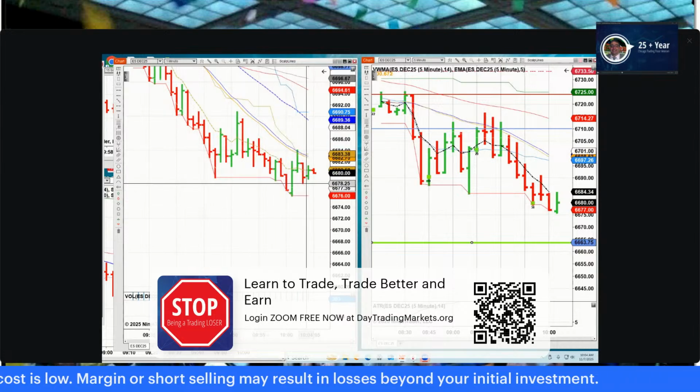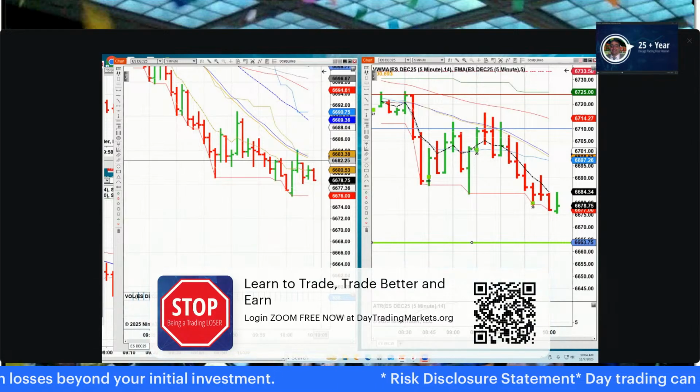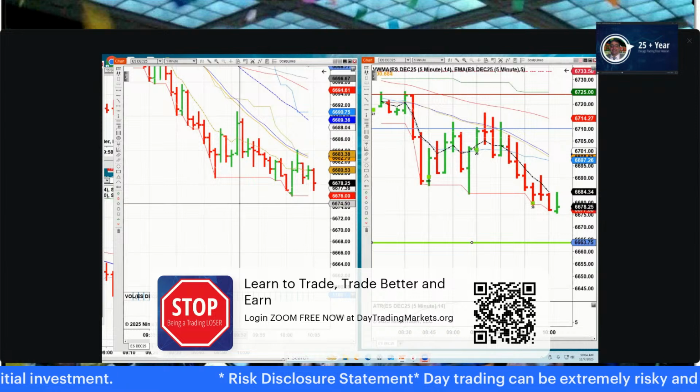At this stage of the game, my stop is back here to scratch. See if you're going to scratch it or it's going to make it. It scratched it, but it didn't cost me anything.